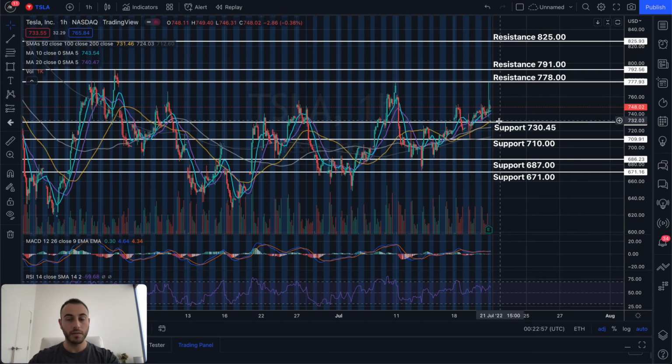So you can be in calls above this point, but it would be safer to consider calls, especially if you're going into a heavier position, at the successful breakout above 778. But if you do use 730.45 for entry, you can also use 778 as your first price target and start capturing profits there until it breaks above, in which case you can add back into your position or just hold whatever you have left. But either way, guys, I hope that helped.